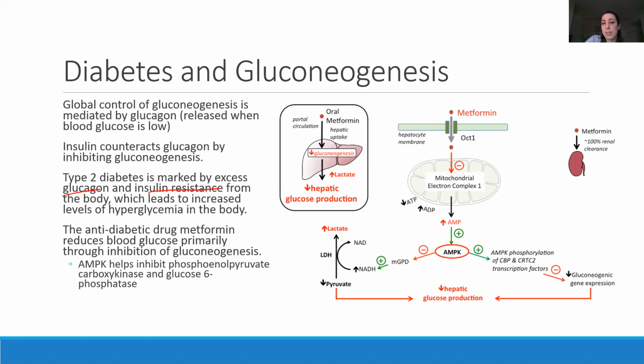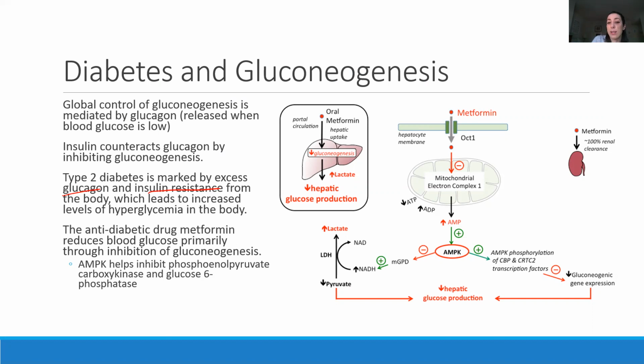You can see here, this is actually a diagram showing the full cellular signaling of metformin and how it stepwise shows the signaling reaction that then shuts down our gluconeogenesis.